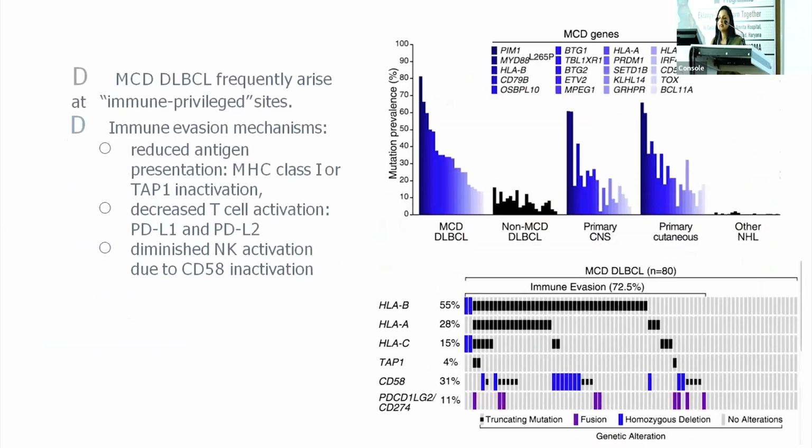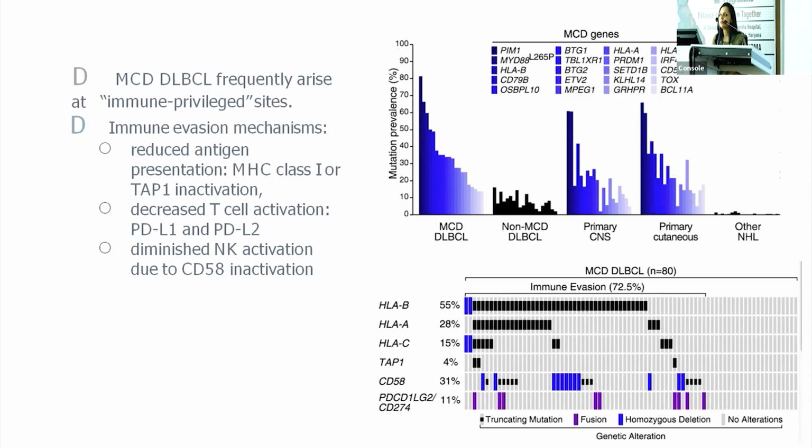So MCD type diffuse large B cell lymphomas frequently arise in immune privileged sites. So just look at this figure. This is the MCD type, and if you compare to the other immune privileged sites like primary CNS or primary cutaneous lymphoma, they also have similar mutations. So what I'm trying to say here, if you can just get the message, and I will show you for the other tumors as well.